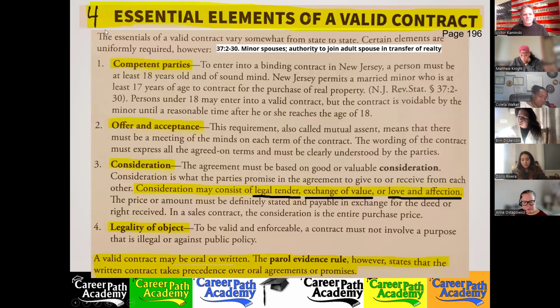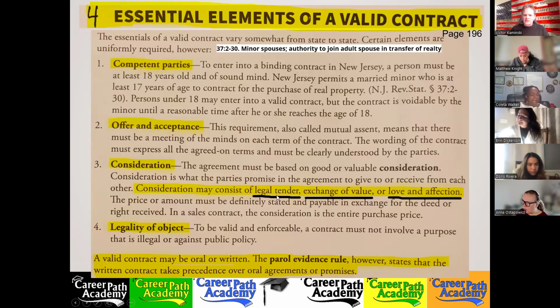So highlight the title and then write the number 4 in front of it. There are 4 essential elements of a valid contract. And then highlight what those elements are: competent parties, offer and acceptance, consideration. And then we're going to highlight those 3 legal forms of consideration.